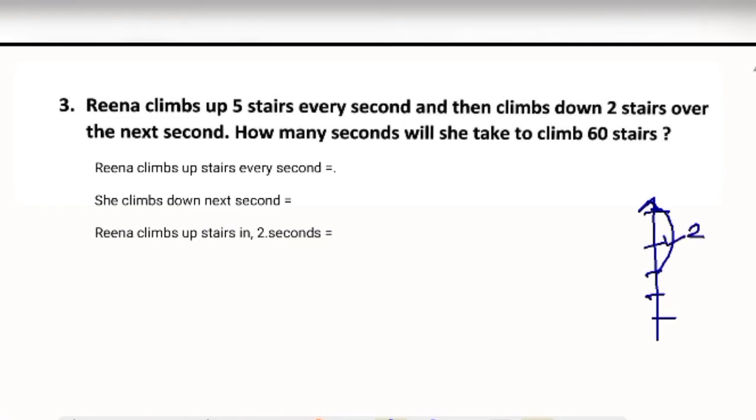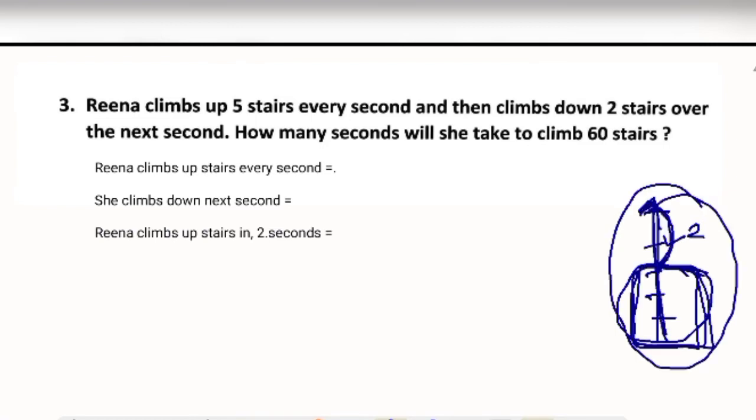So in 2 seconds, if we calculate, the total distance Reena covers is 3 stairs upward. Reena climbs upstairs every second 5 stairs. She climbs down the next second 2 stairs. So for up we will take plus and for down we will take minus.